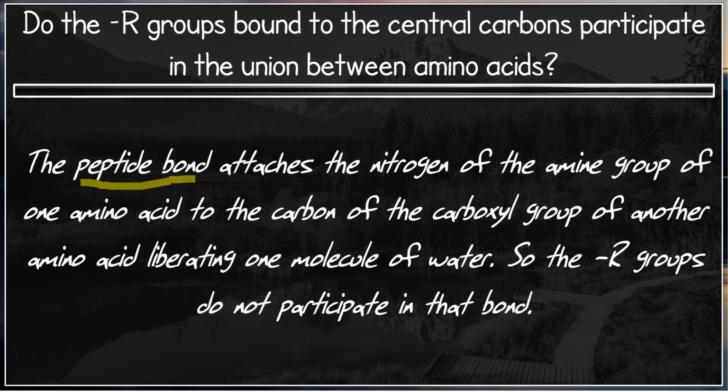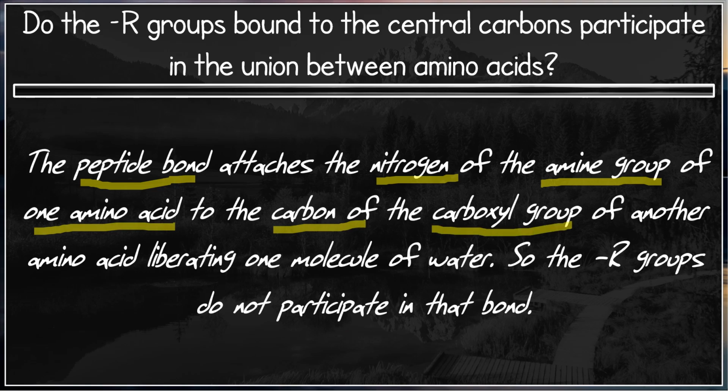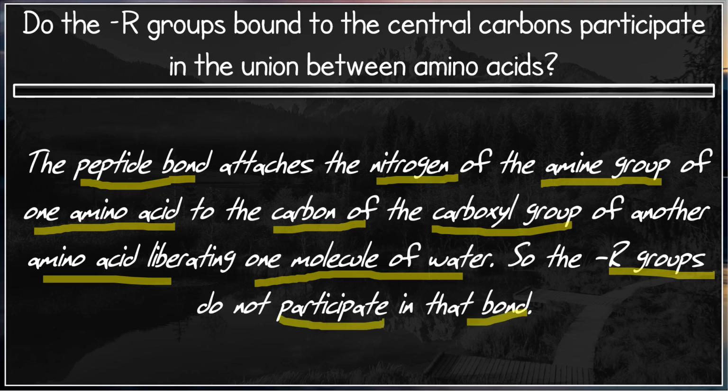The peptide bond attaches the nitrogen of the amino group of one amino acid to the carbon of the carboxyl group of another amino acid, liberating one molecule of water. So the R groups do not participate in that bond.